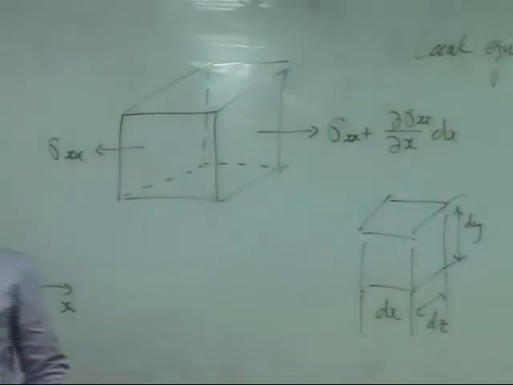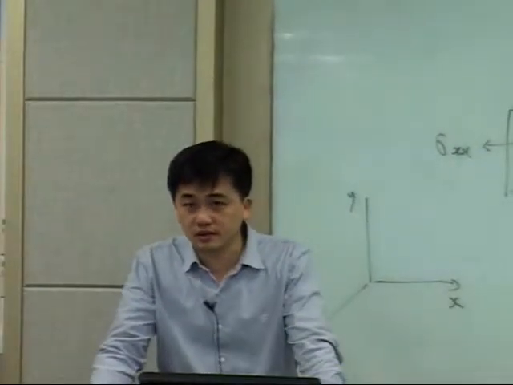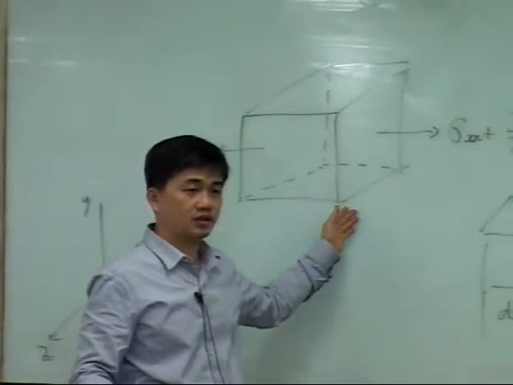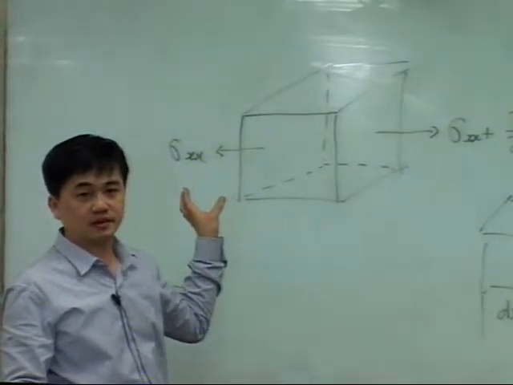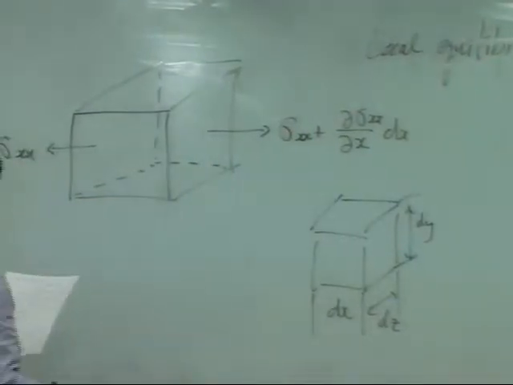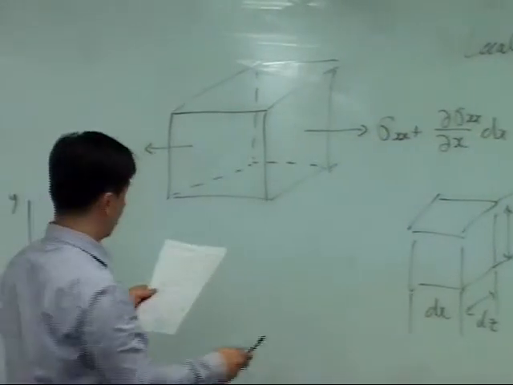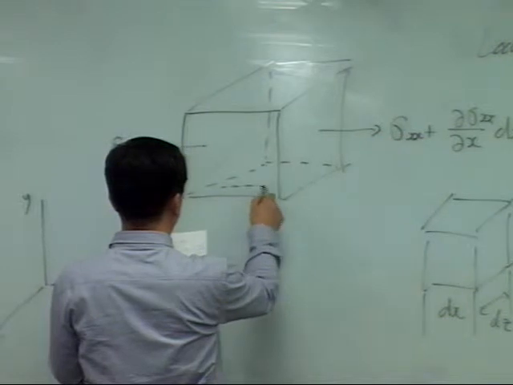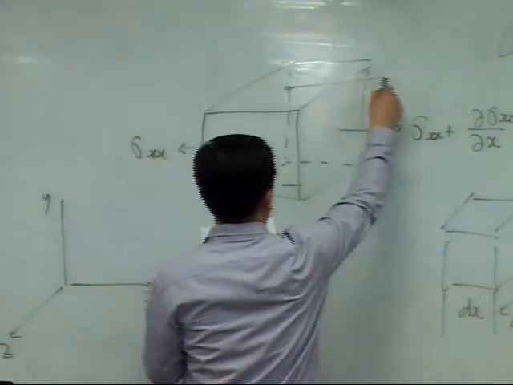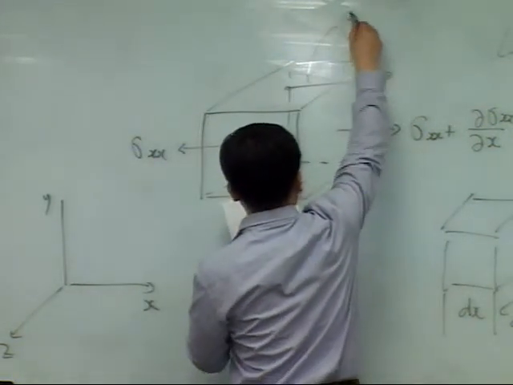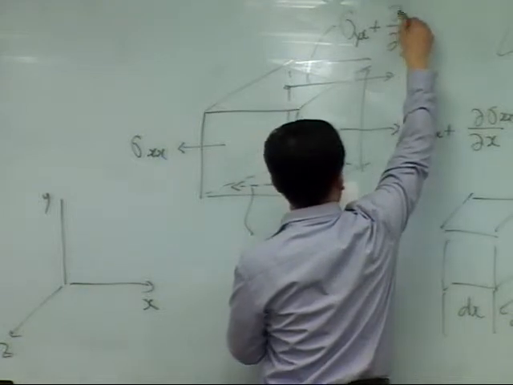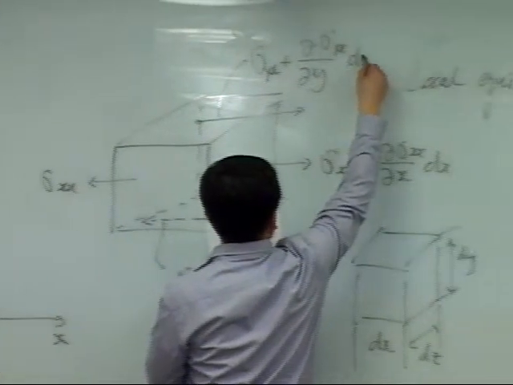This is from the Taylor series expansion, because between the left hand side and right hand side surfaces there is a gap, that is dx. Also at the bottom, this is stress yx, and the stress at the top will be stress yx plus partial stress yx over partial y dy.